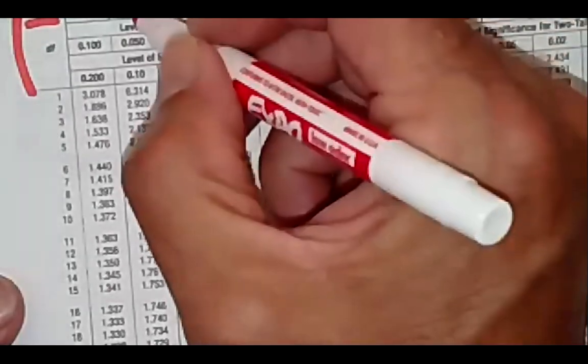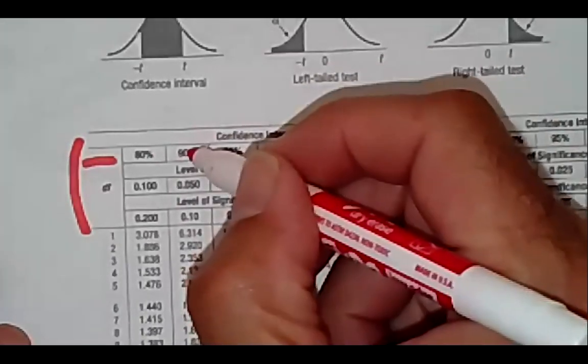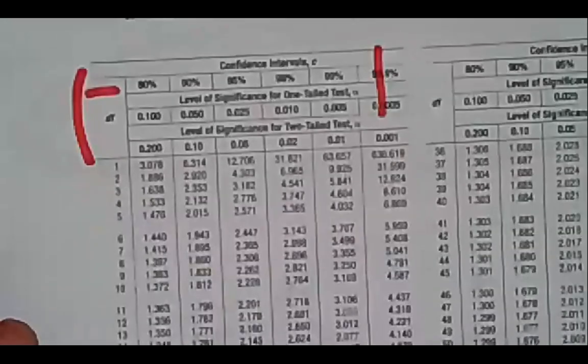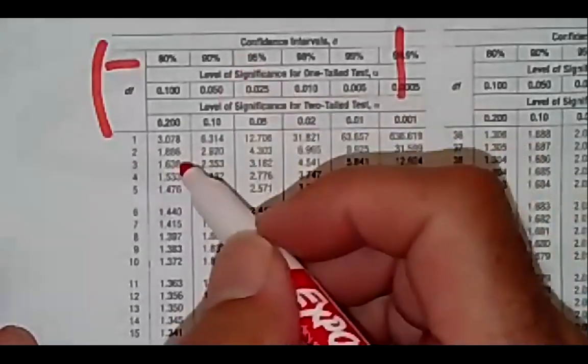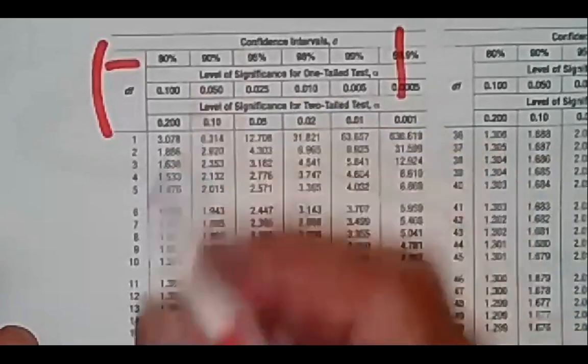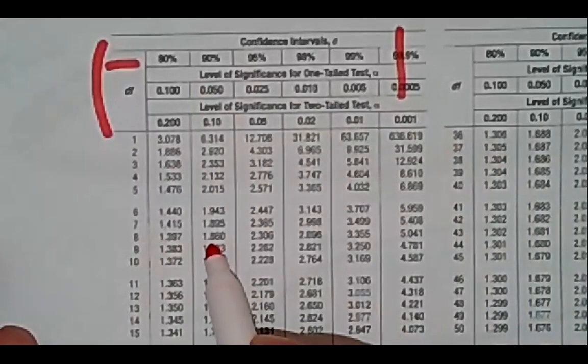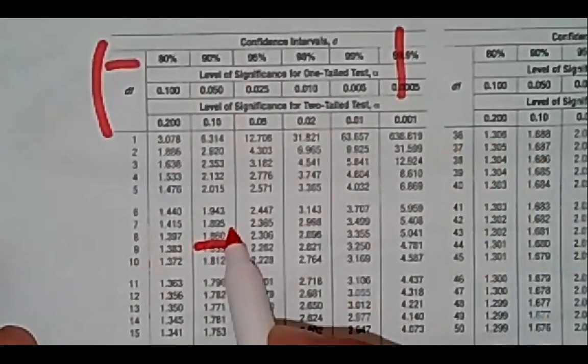So we know we want 90% confident, so we go down. And again, our n was 9, so our degrees of freedom are 8. So that would therefore use this value, 1.860. Oh, okay. You're welcome.